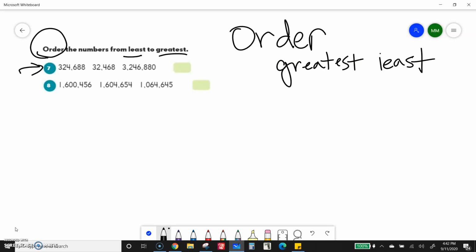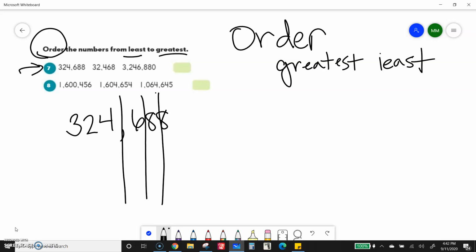So if I have those three numbers, this is when writing them vertically is going to be even more key because there's just more to keep track of. So I have 324,688. Now, if you have notebook paper, turning your notebook sideways and writing it on the lines, where you just write one digit in each line, can be super helpful because it can keep them each in their place, especially if your handwriting is a little messier.